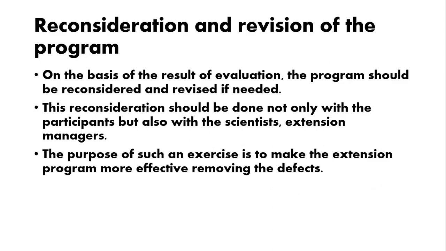If it failed, we can come up with a new solution, or we can stop, or we can go away from the project. This is what I wanted to share with you regarding extension program planning and evaluations, right? So I think with that I can conclude the session today.